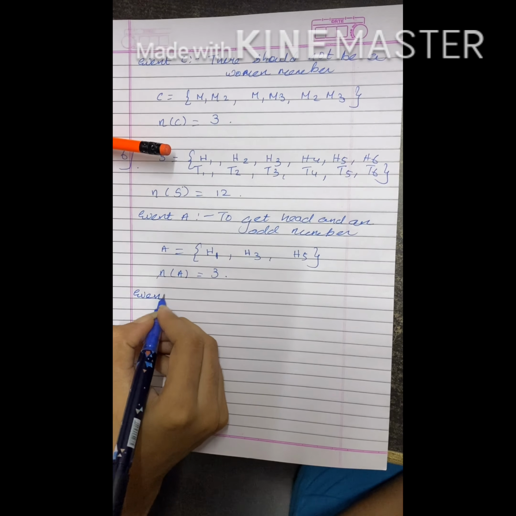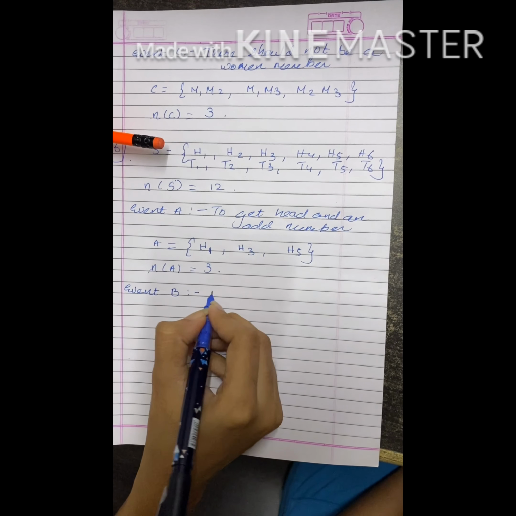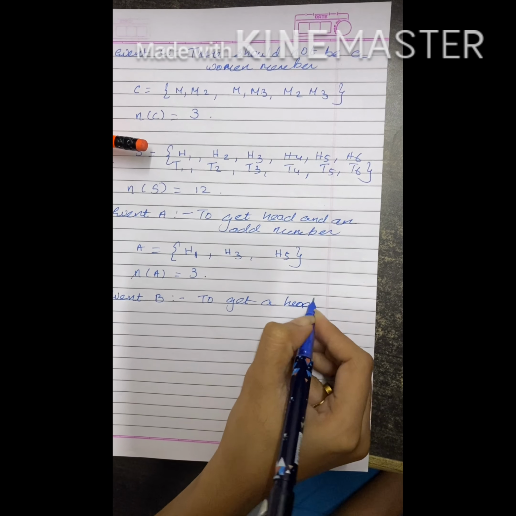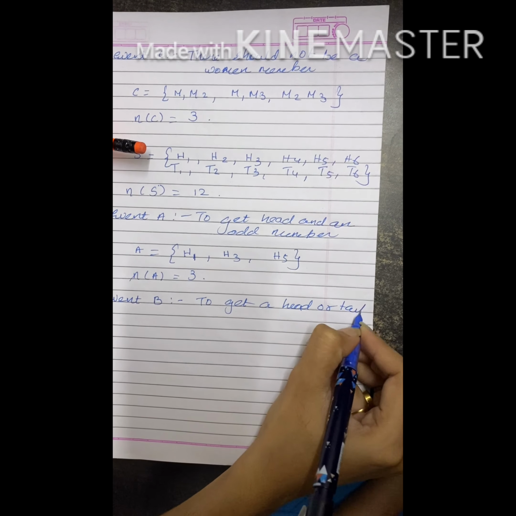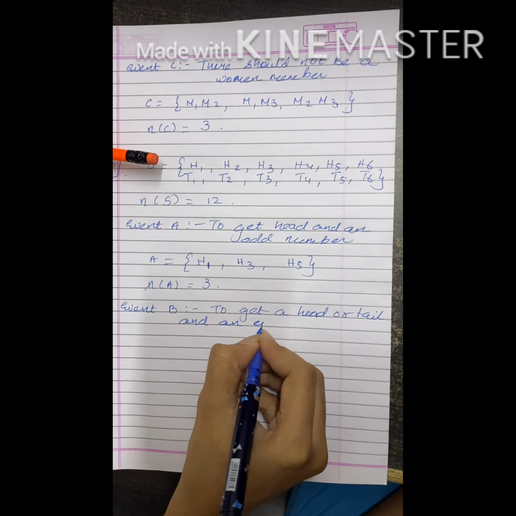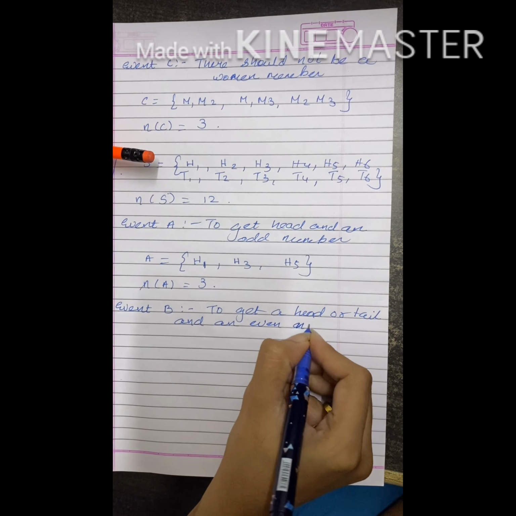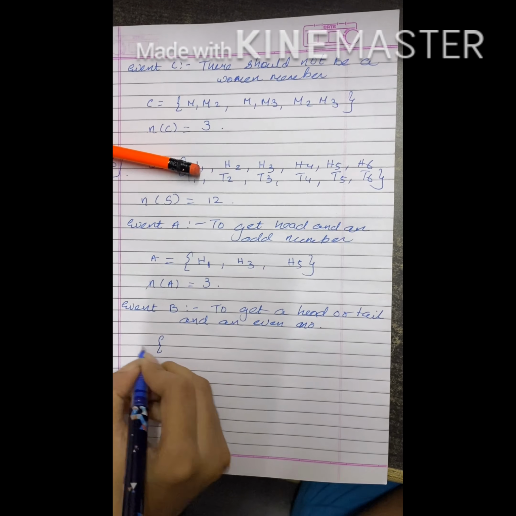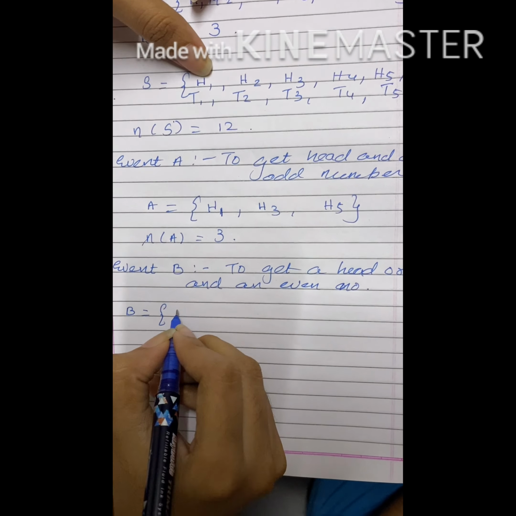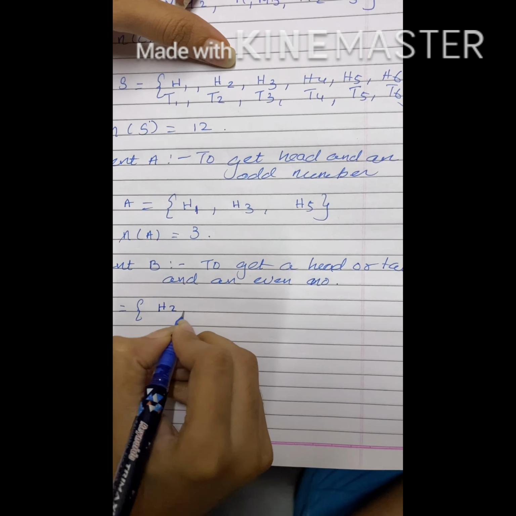Next event B, to get a head or tail and an even number. Head or tail, that is event B, head and even number. So we won't consider H1, directly go to H2.